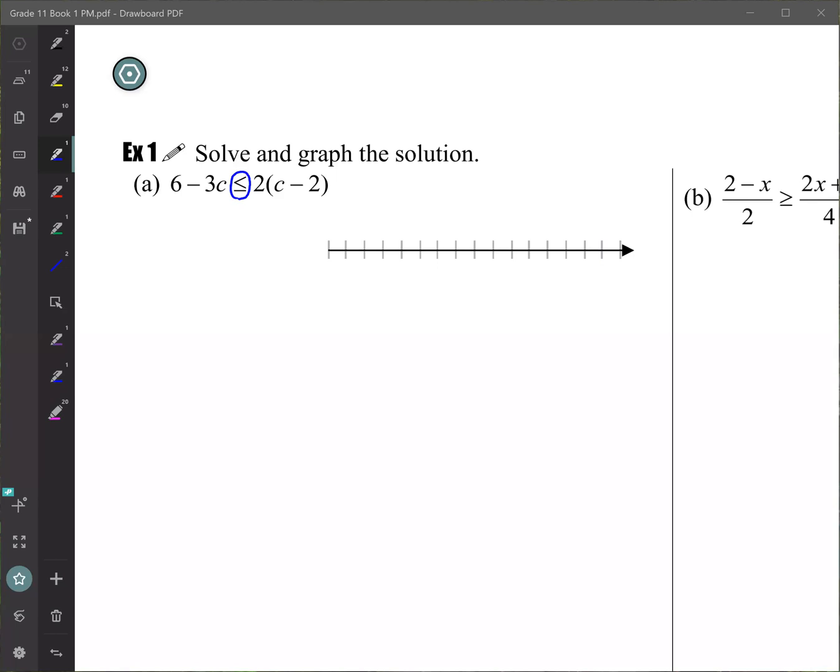For the number line, you can just draw your own number line, it's fine. Later on, when we learn two variables, I will be providing graphing paper if you don't have one, so you can download and print.